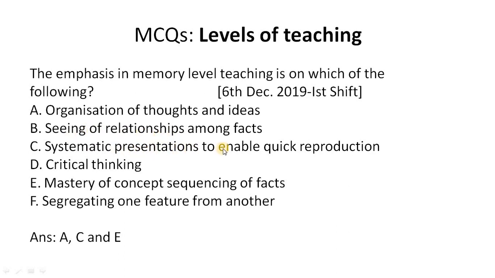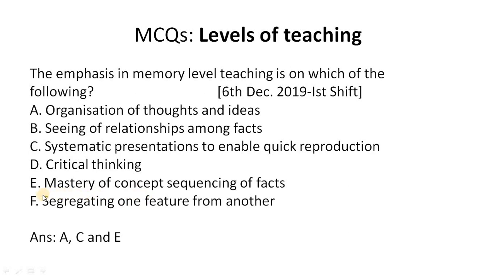Systematic presentation to enable quick reproduction: obviously, systematic presentation can also be part of our memory level. Critical thinking will obviously be wrong. Mastery of concept, sequencing of facts: obviously fact is there, that's why E is also correct. And segregating one feature from another will be part of another level of teaching.